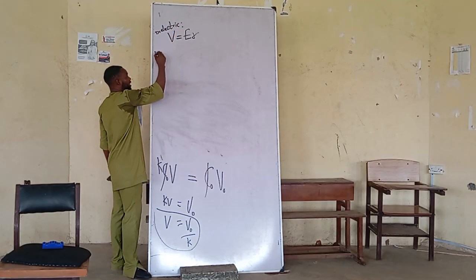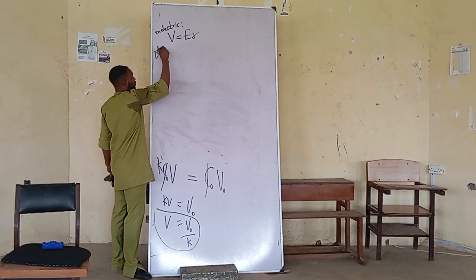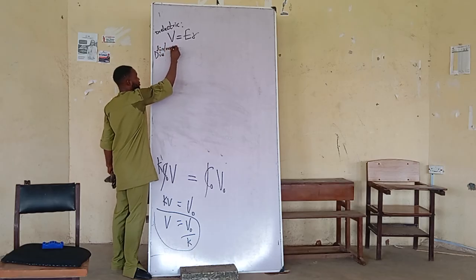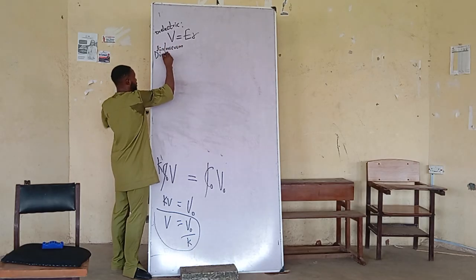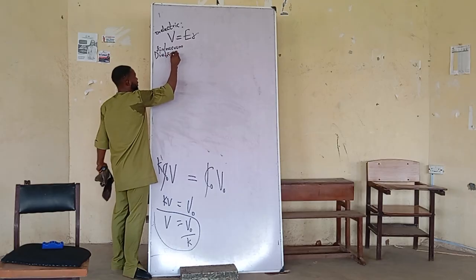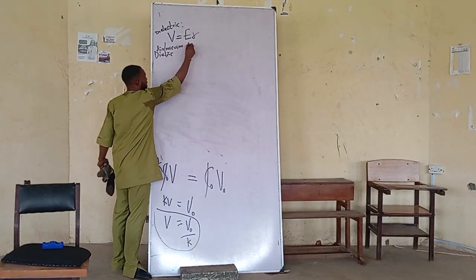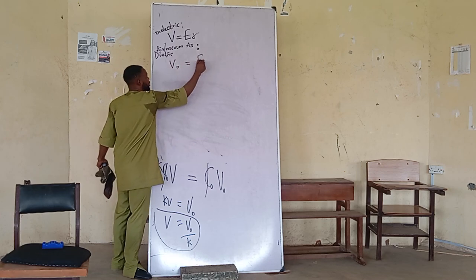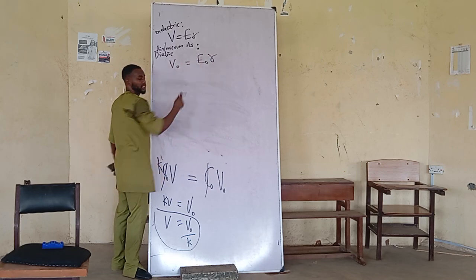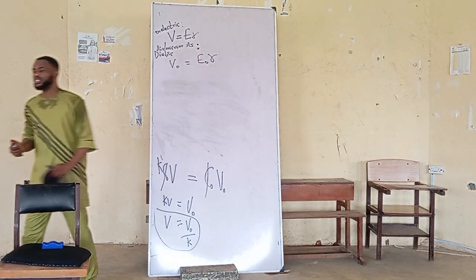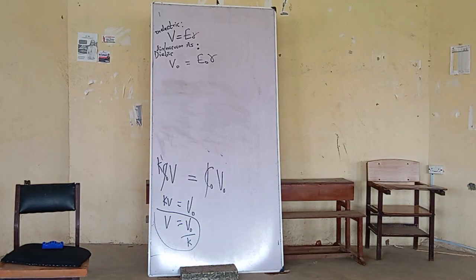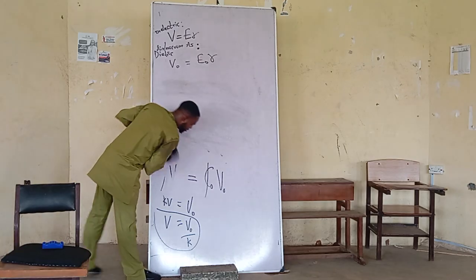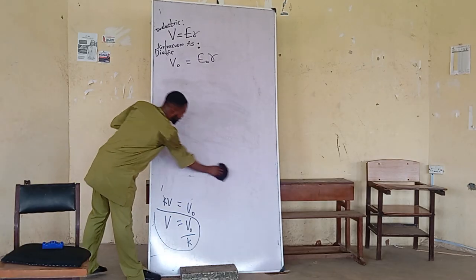When the dielectric is air or vacuum, it will now be V naught equals E naught R. Note that I did not change R because the distance of separation is constant. We've done this in Saturday class, so I don't want to repeat what we've done that day.